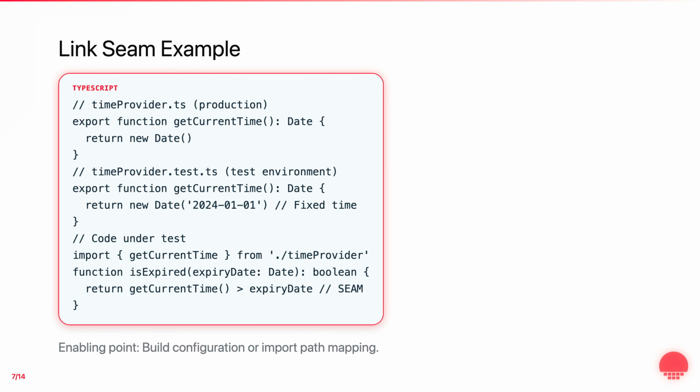Preprocessing seams use #ifdef with compiler flags. These are actually recommended as a last resort, mainly for legacy C and C++, where you don't have better options. Object seams first, link seams second, preprocessing only when stuck with old-school compiled languages.